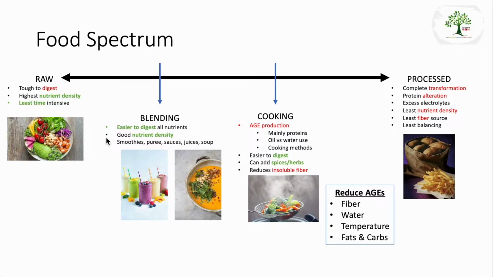So if there are foods that are a little bit tougher to digest, a great place to consider is blending those foods. If you consider things like smoothies or soups, the amount of effort that goes in is still quite minimal compared to complete cooking processes. You're putting everything into one.